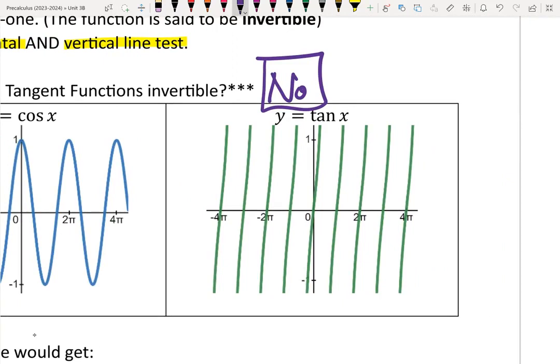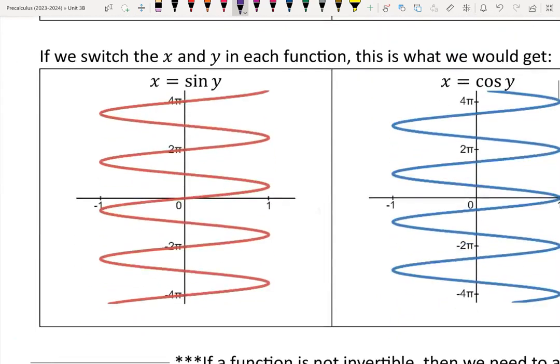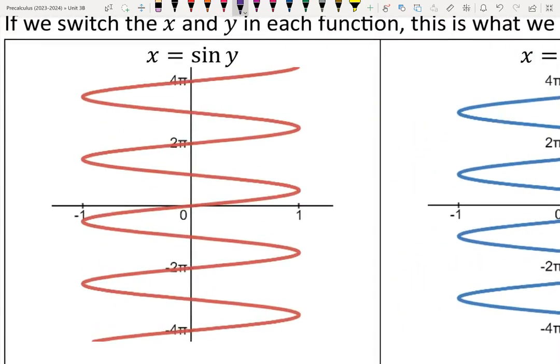And we can actually see that even better when we look at what if we were to just switch the x and y and look at their inverse. Well, the inverse of sine, when I switch x and y, notice I wrote that as x equals sine of y, would be this function here. Does this pass the vertical line test?